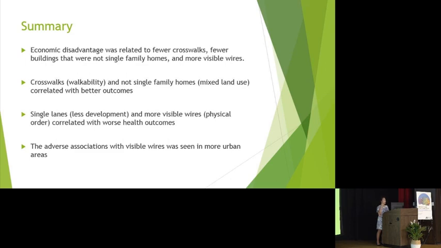With our indicators, we generally perform analyses at all different levels, and we're finding pretty robust associations across them. And the visible wires, currently, we're finding associated with worse health outcomes. And the associations may also vary by rural status.